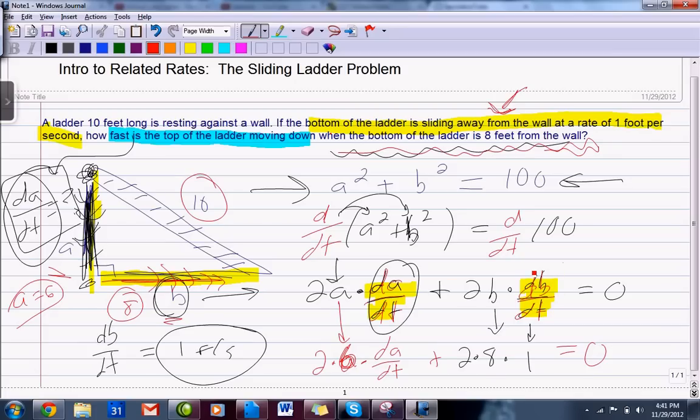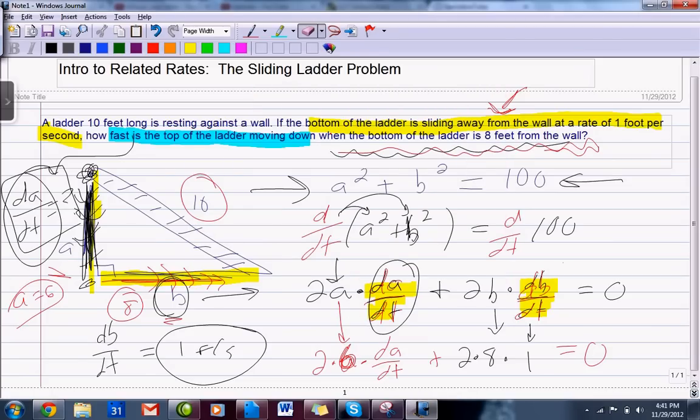So 1 goes into dB/dt. That's the rate at which the base is moving out. The base at that moment is 8, so I plug in an 8 for b. dA/dt, the rate at which the top of the ladder is sliding down, is what I'm solving for. At that moment, a, the height, is 6.